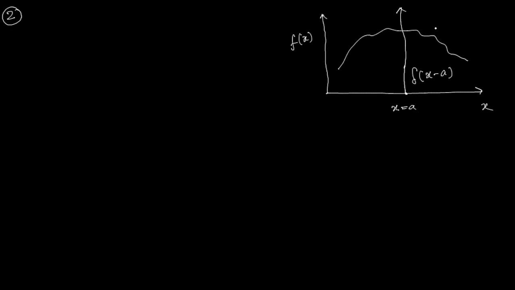This is some arbitrary function f of x, and this is a Dirac delta function. So now if we multiply these two functions, what will we get? f of x is a continuous function, and we are multiplying it with the Dirac delta function, whose peak position is at x equals a.